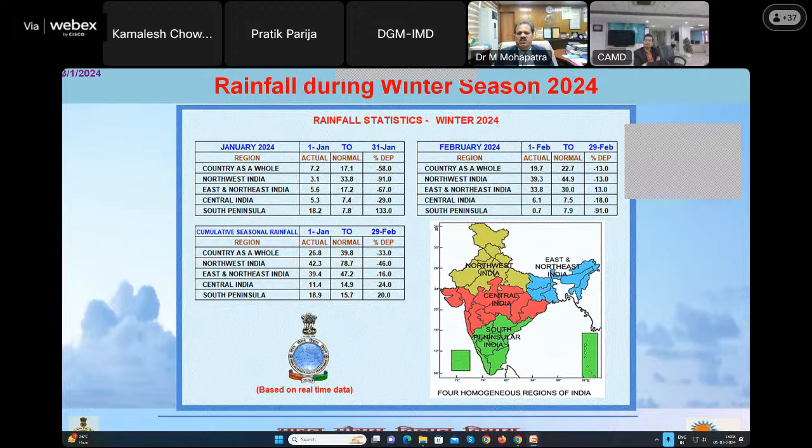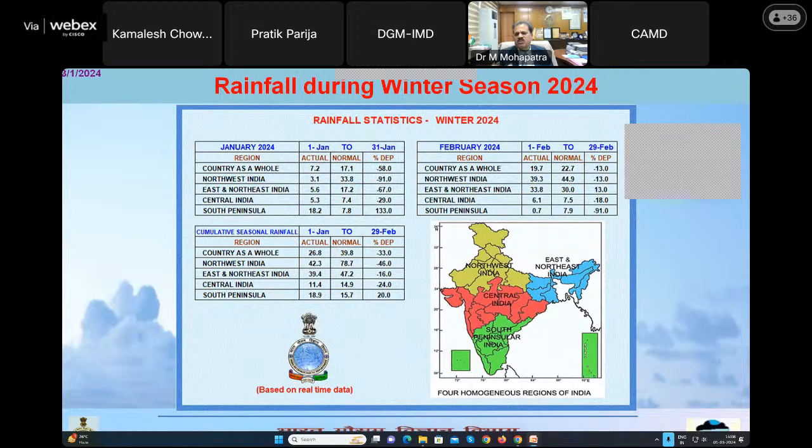But unlike the month of January, in the month of February, South Peninsular India did not get much rain. It was 91% deficient. Northwest India, East and Northeast India, and Central India were all normal. So you can say this is just like a mirror image from January to February.